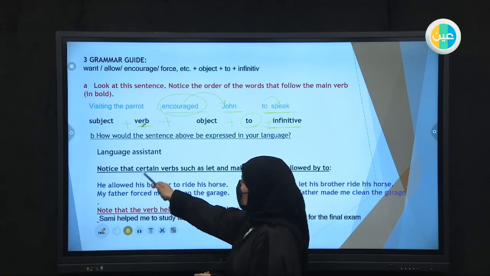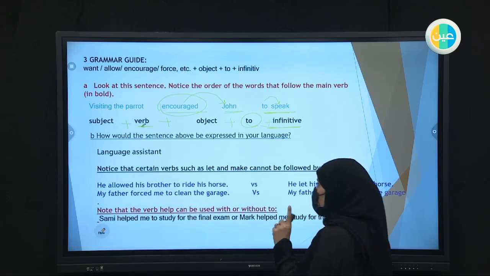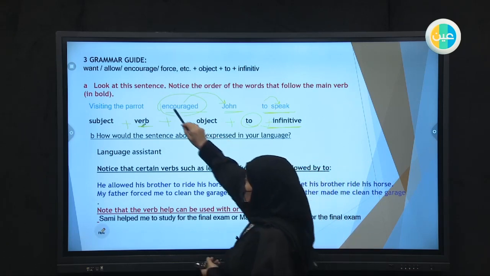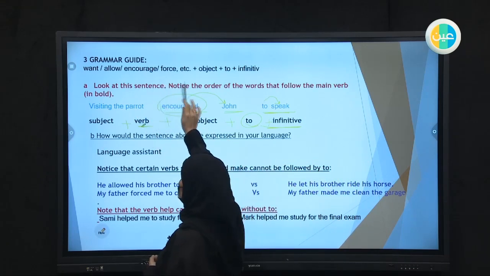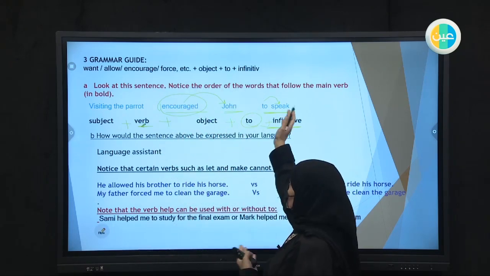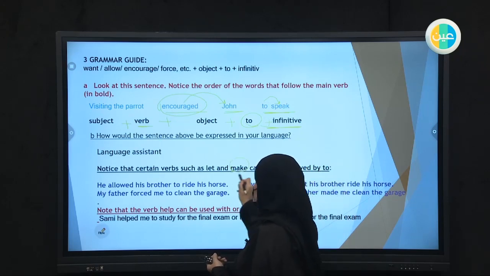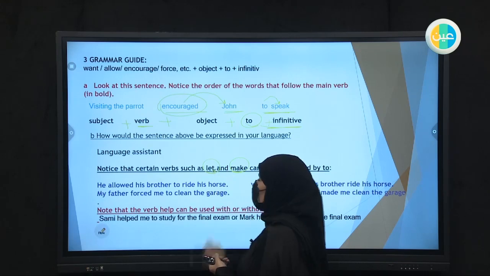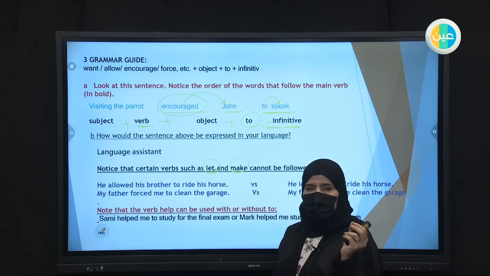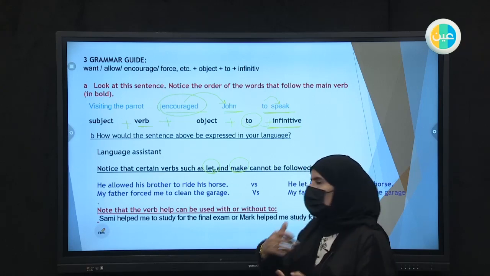So here we have: notice the certain verbs such as let and make cannot be followed by to. هنا عندك want, allow, encourage, force, etc. There are a lot of verbs followed with object, then to. But sometimes we have make in specific and let. Okay? It isn't followed with to. ما يكون بعدها to. ما في داعي إنه يلحق بـ to.